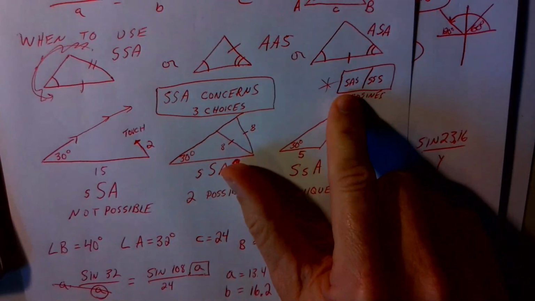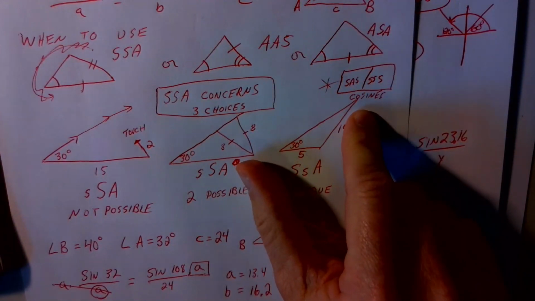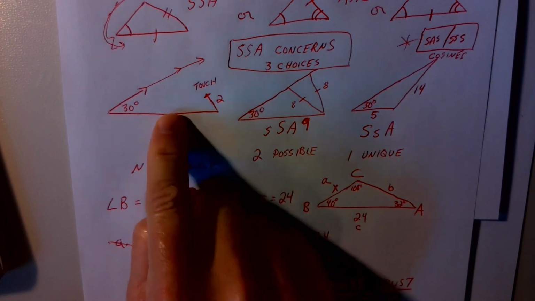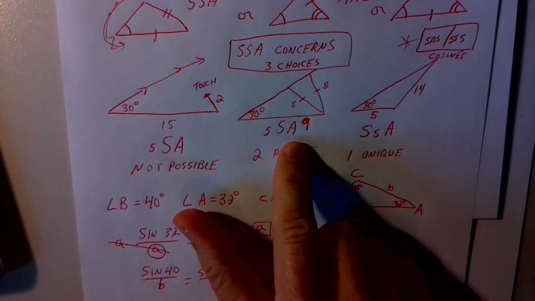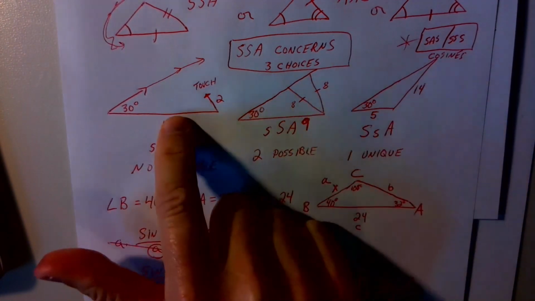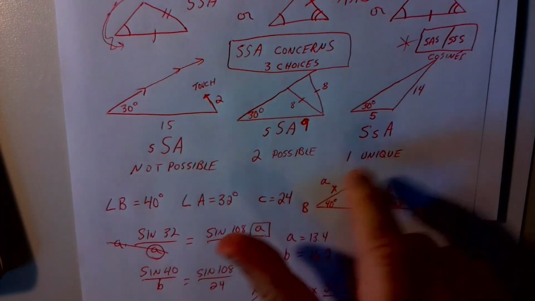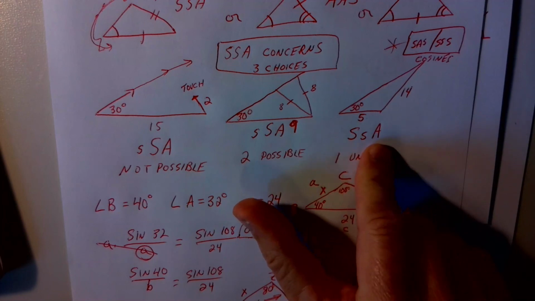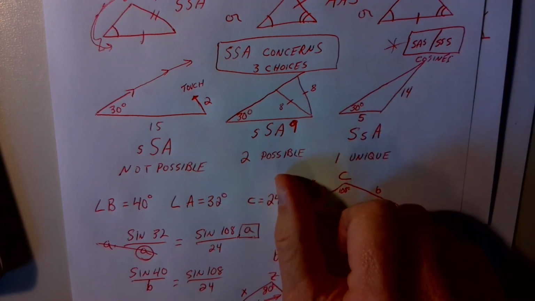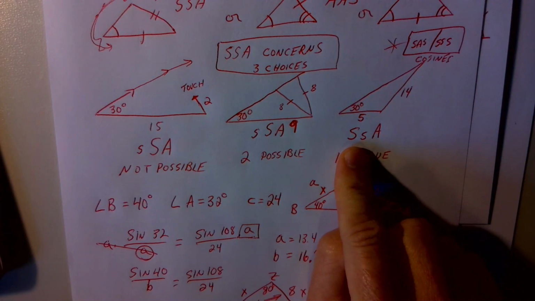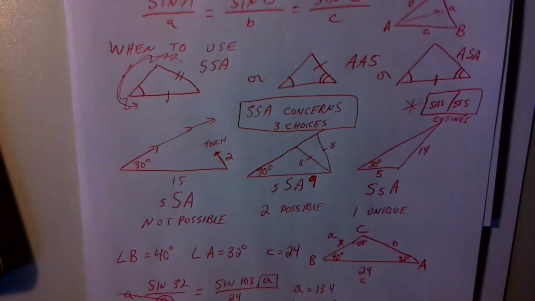If we're given side-angle-side or side-side-side, that's law of cosines, different video. Okay? Little s, big S, A situation: different, not possible, can't touch. Two different triangles, got to find both. And big S, little s, A is always going to work for one. So AAS, ASA, and big S, little s, A always work. And then I gave you examples of each one of these.